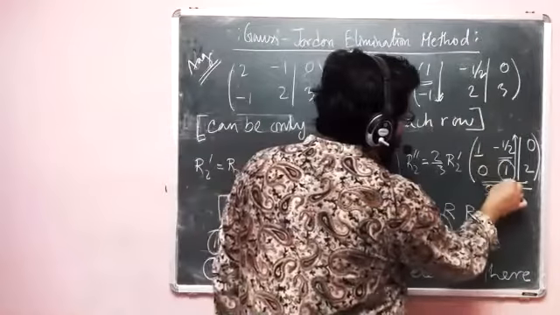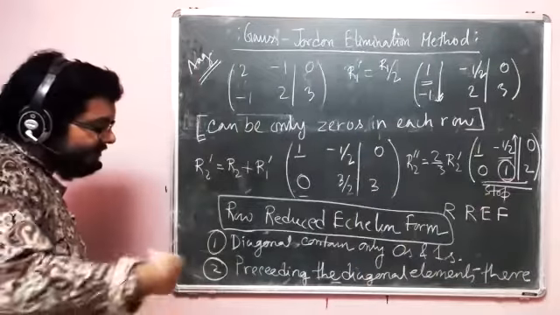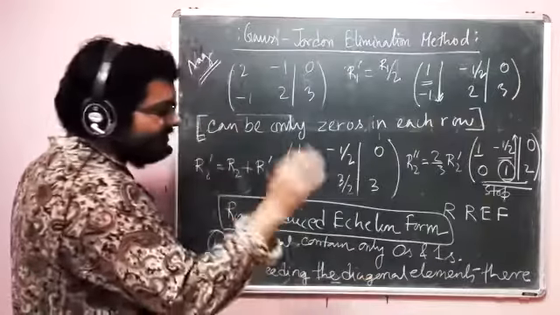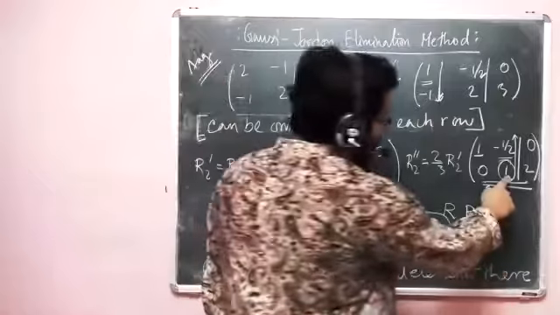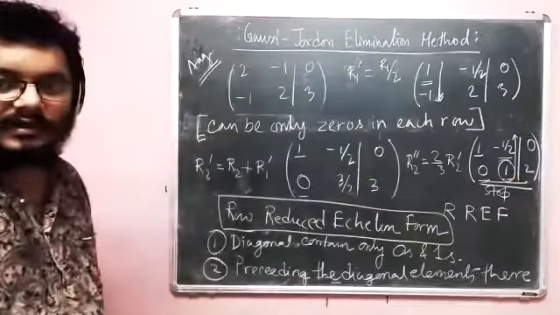So two diagonals, they contain 1, satisfied. Then if I proceed row wise, then preceding that diagonal element, there can be only zeros. So there is no element before 1, that's not possible. Before this 1, I have 0. So I have done. Right?